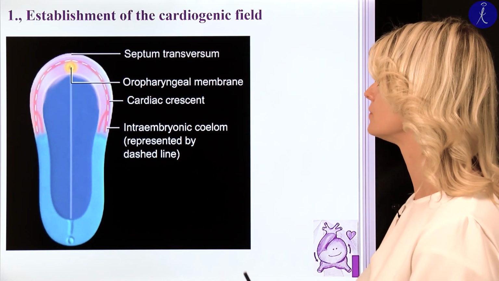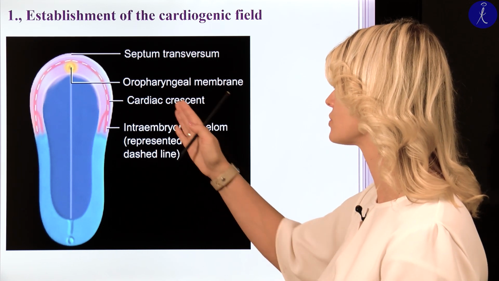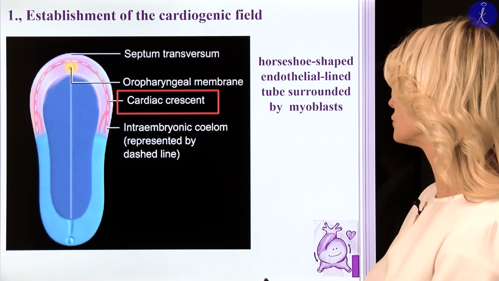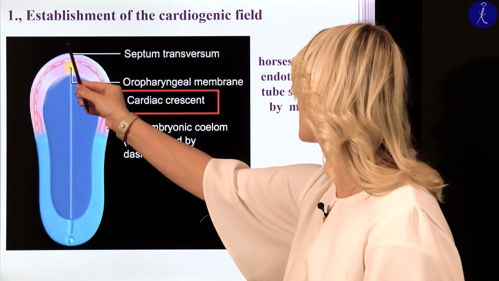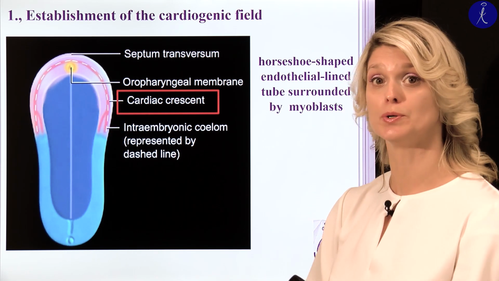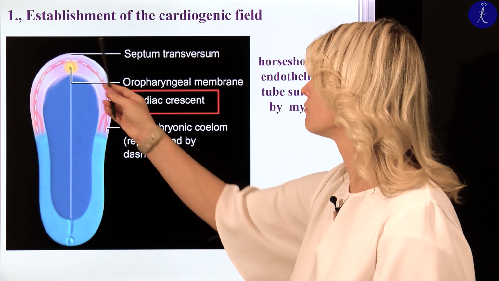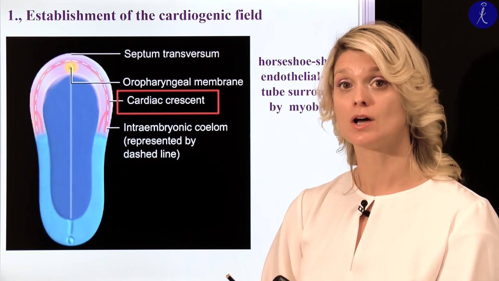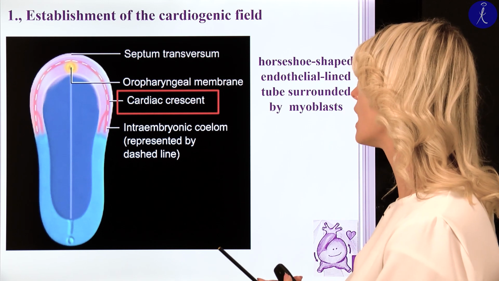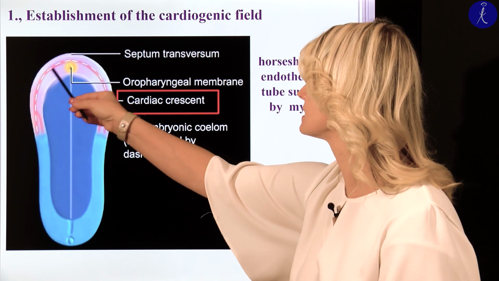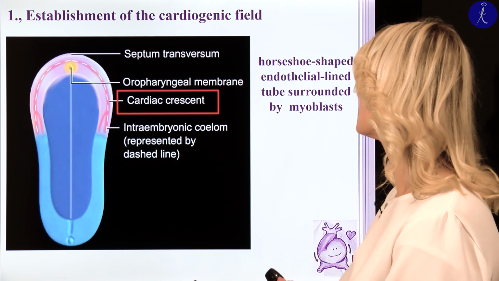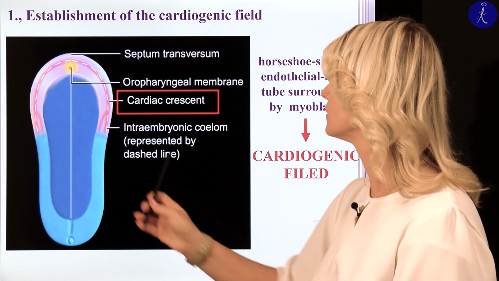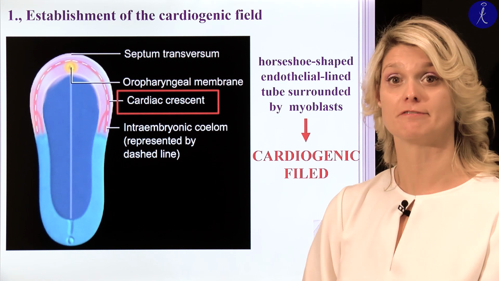Let's see now the formation of the cardiogenic field. As I told you, this horseshoe-shaped endothelial-lined tube will be in front of the buccopharyngeal membrane. This will be the origin of the whole primitive heart tube. First, it has this C shape, surrounded by myoblasts, and this very special part of the embryo is called the cardiogenic field.